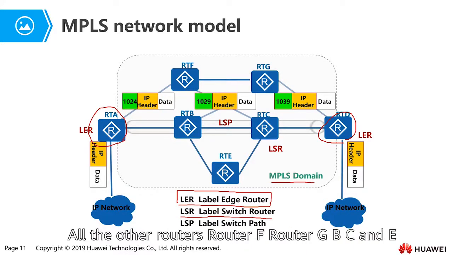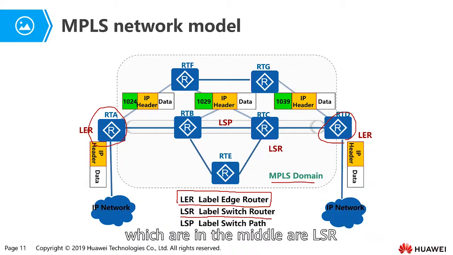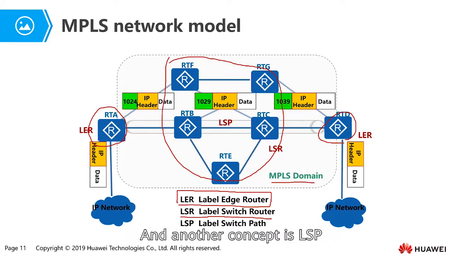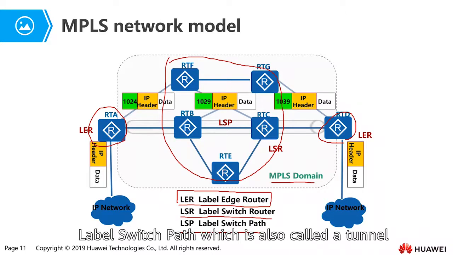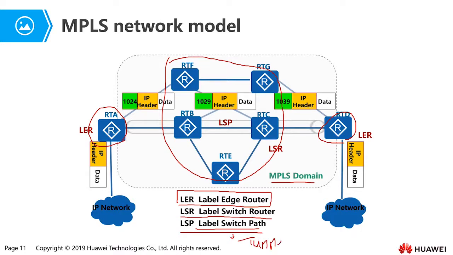All the other routers in the middle, router F, router G, B, C, and E, will be LSRs. Another concept is LSP, label switch path. We can also call it a tunnel.